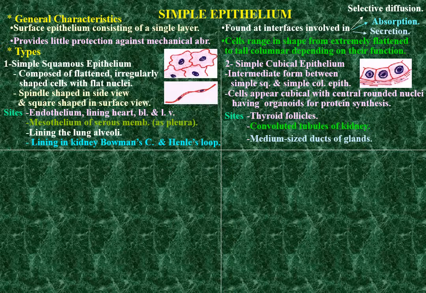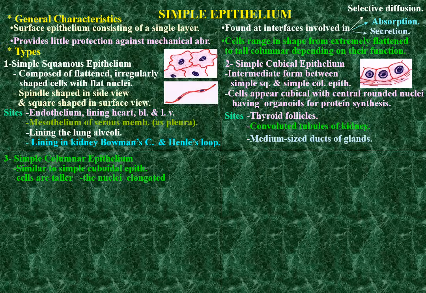Simple columnar epithelium. Structure. Simple columnar epithelium is similar to simple cuboidal epithelium, except that the cells are taller and the height of the cells varies from low to tall columnar, depending on the site and the degree of functional activity.